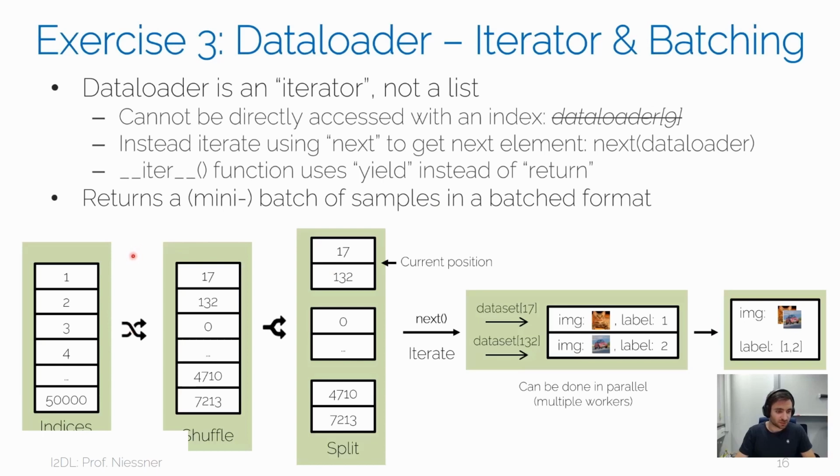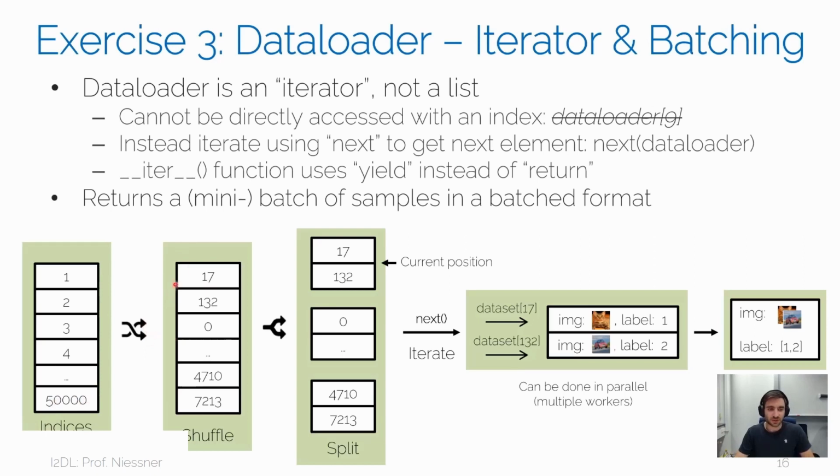Let's play this through again in a bit more detail. The first thing the data loader has is this list of indices, which correspond to the elements in your data set. So if you have a data set of 50,000 images, we have a list of indices going from 0 to 50,000.